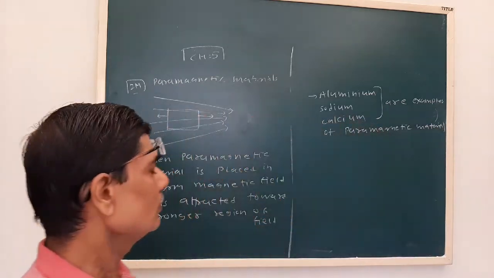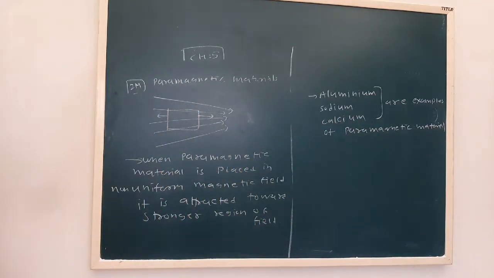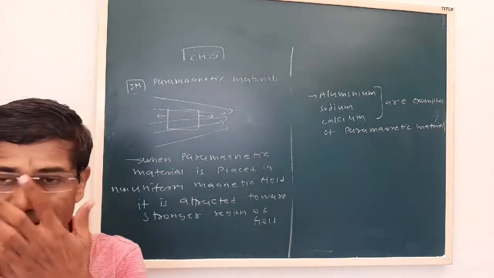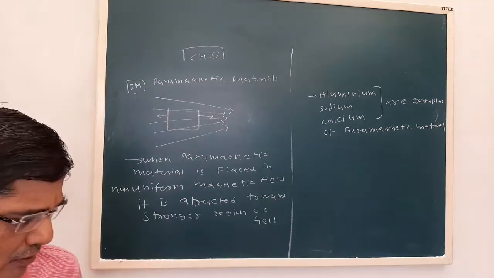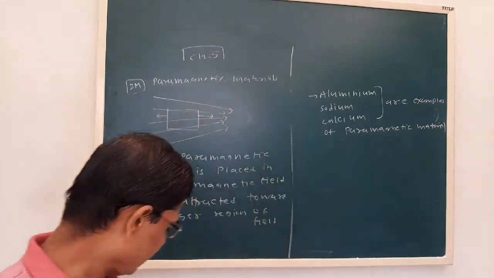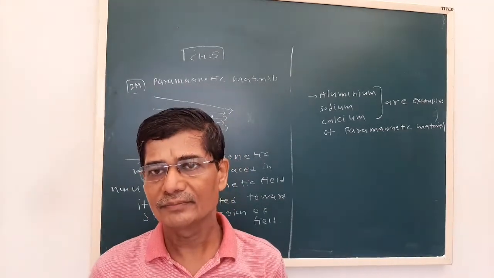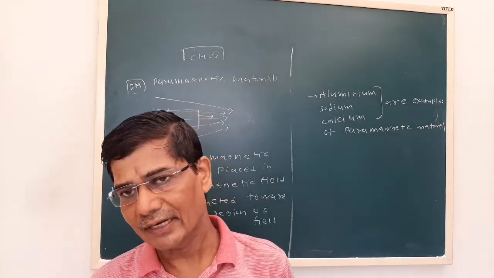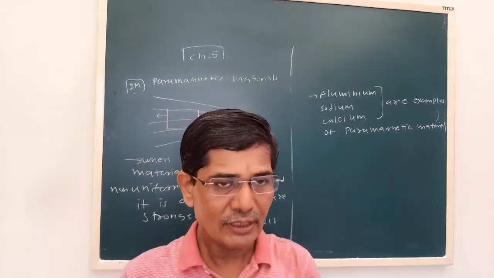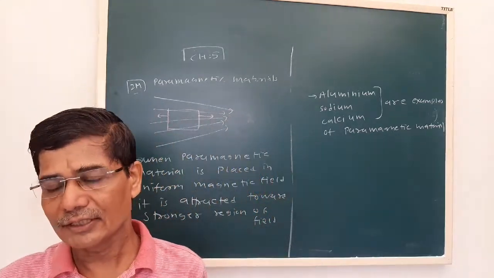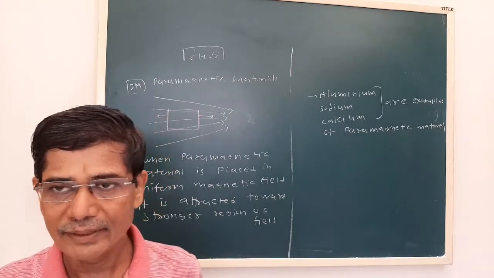What is the property of the paramagnetic material? The materials whose atoms or molecules possess dipole moment are called paramagnetic material. But in normal condition, the dipoles are not in one direction, they are randomly arranged. So in normal condition, the magnetic dipole moment is 0.